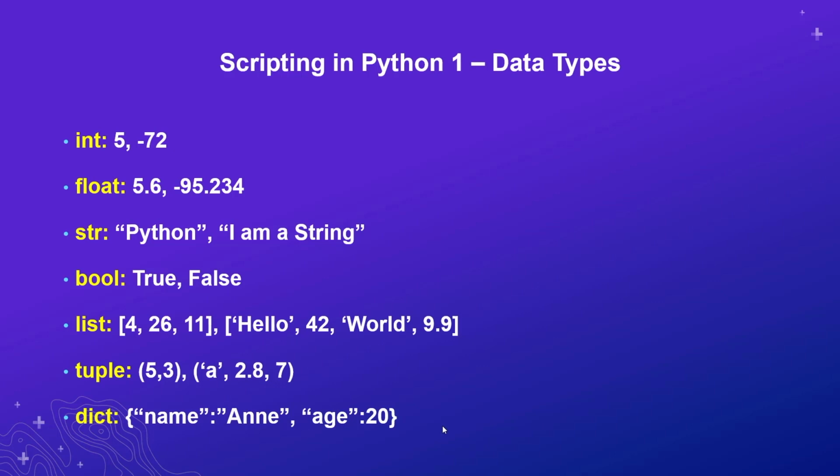This is a list of popular data types as supported in Python. Int means it stores whole numbers, either positive or negative. Float stores decimal numbers, again positive or negative. String stores a sequence of characters that are either within single or double quotes.